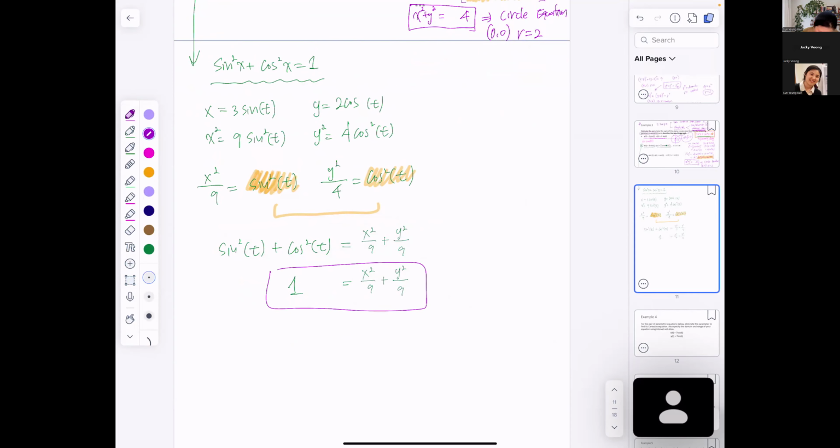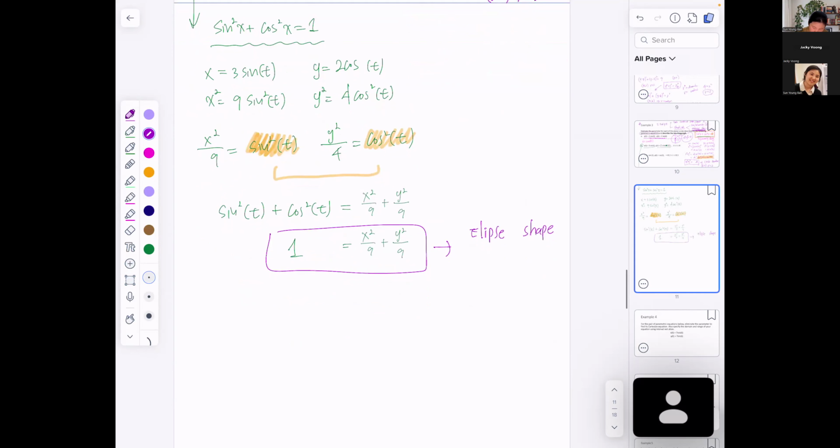But what does it mean? This is an ellipse shape. If you graph it, it's related to the circle function, but it's not going to be a perfect circle, because this means y squared over 4. Oh yeah, sorry about that, thank you, I have a little mistake here. This should be 4.